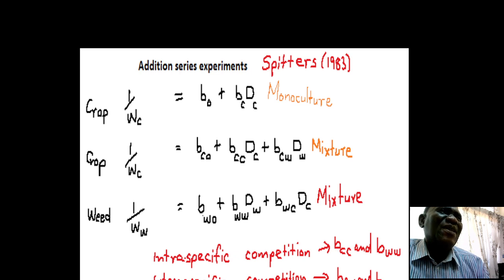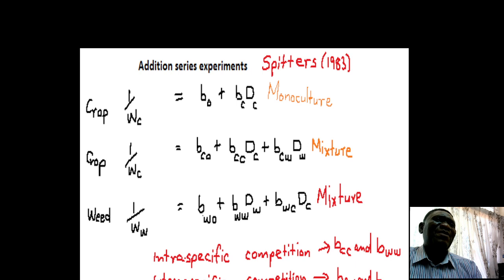Now we also have the weed, where we have the reciprocal of WW equals BWO plus BWW DW plus BWC DC in a mixture.